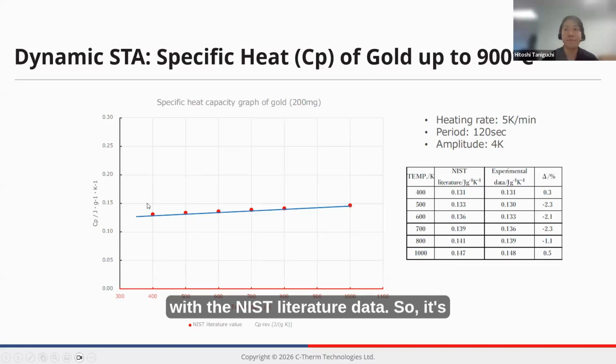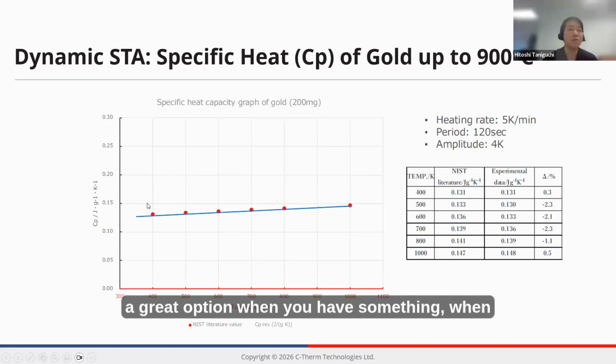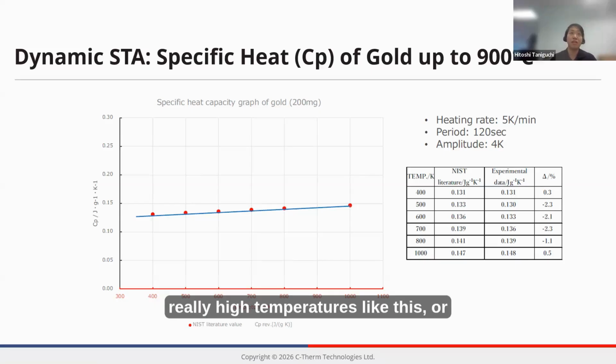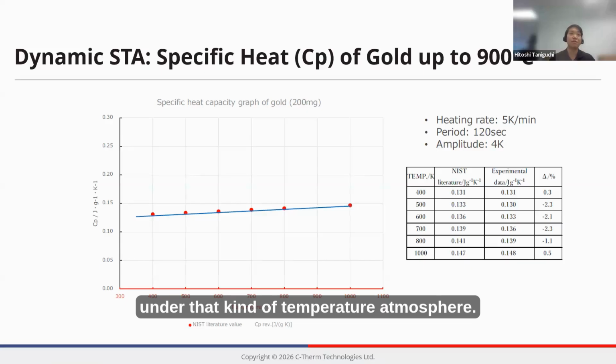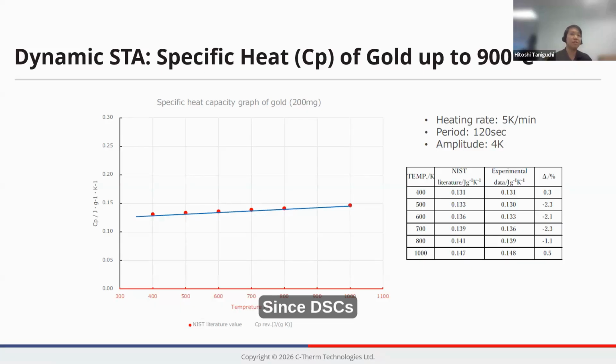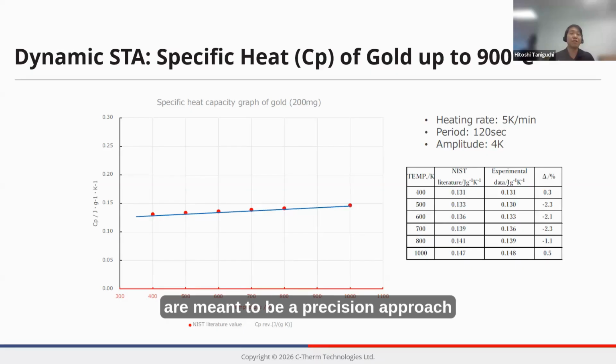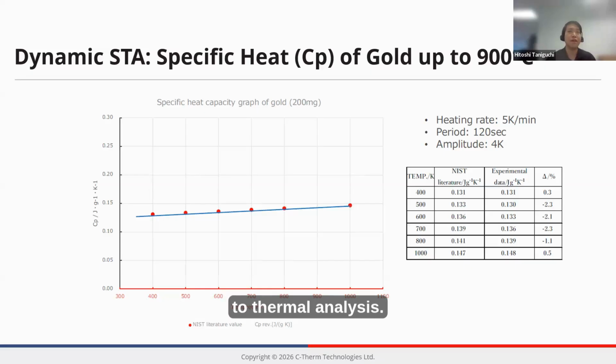So it's a great option when you have a need to characterize Cp of a sample to really high temperatures like this, or in cases where you're unsure whether your sample is going to decompose under that kind of temperature and atmosphere, since DSCs are meant to be a precision approach to thermal analysis.